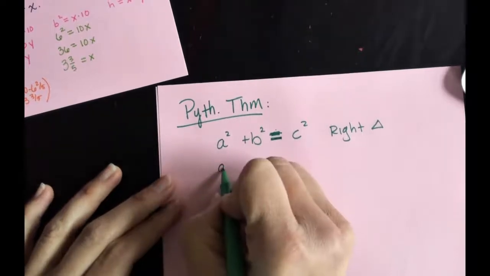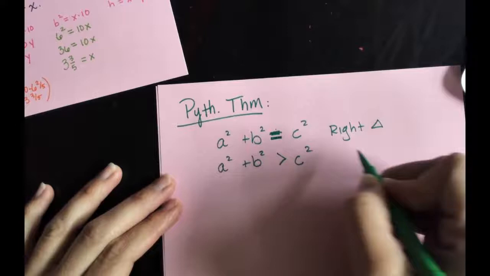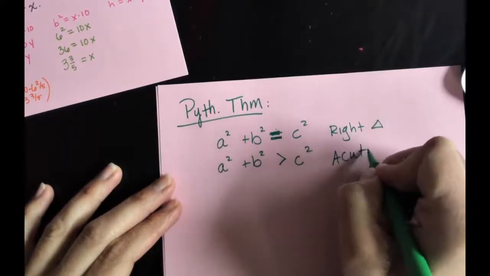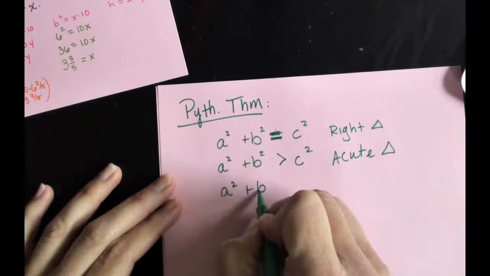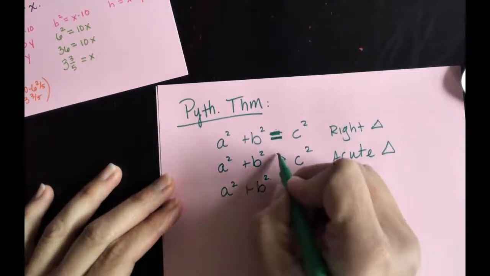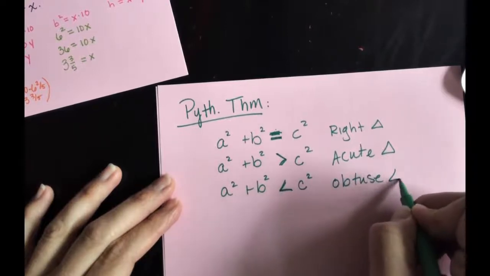If a squared plus b squared was greater than c squared, it was an acute triangle. And if a squared plus b squared was less than c squared, it was an obtuse triangle.